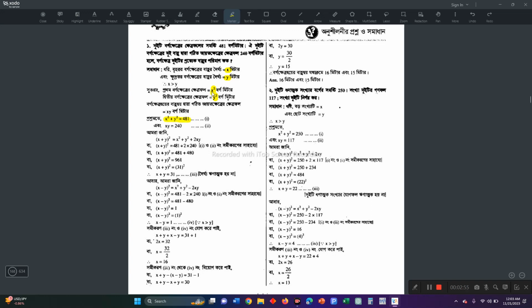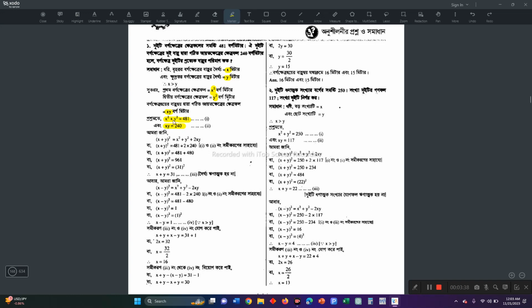If we take the length of the rectangle equal to the side of the larger square, it will be x, and the breadth equal to the side of the smaller square, it will be y. So the area of the rectangle will be x into y, and according to the second condition, x into y is equal to 240.